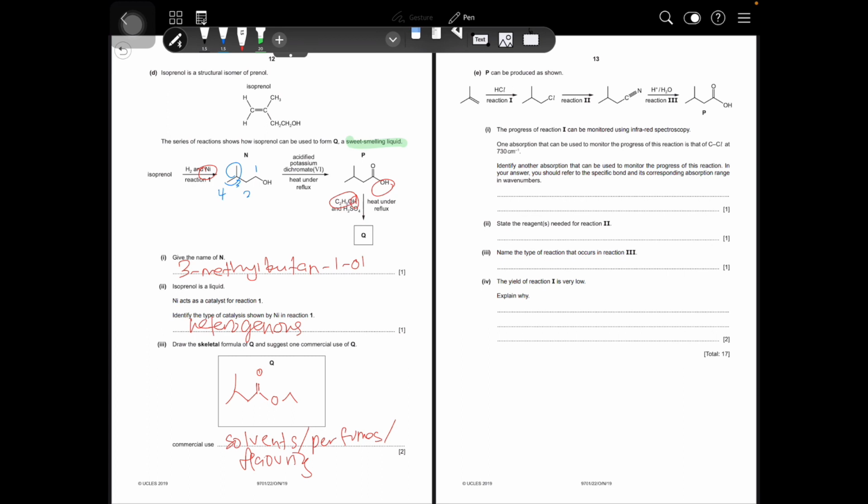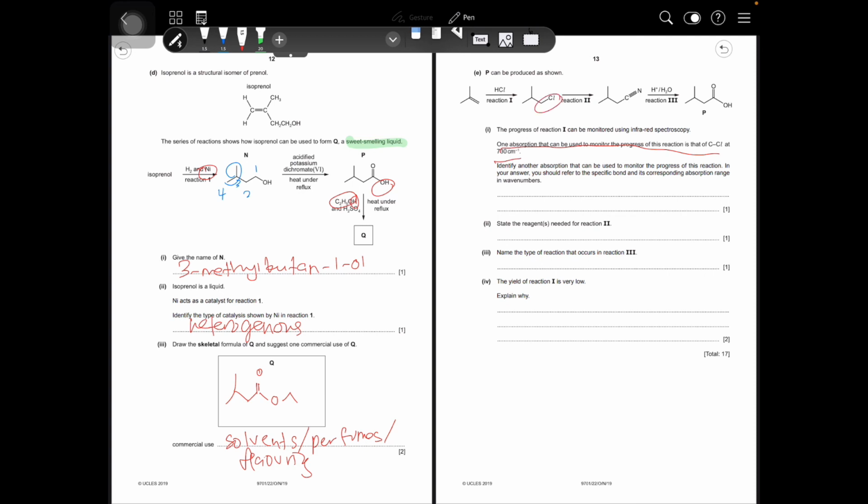Next one, P can be produced as shown. So the progress of reaction 1 can be monitored using IR spectroscopy. So one absorption that can be used to monitor the progress of this reaction is the C-Cl bond at 730 cm-1. So identify another absorption that can be used. As the statement says, it is used to show the progress of the product formed, which is the C-Cl bond formed.